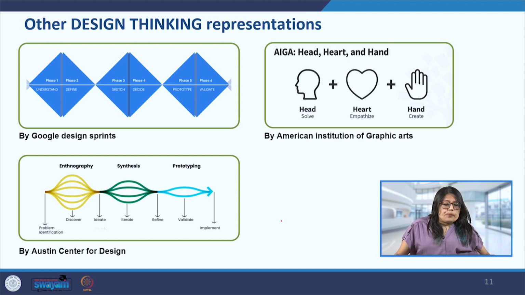The Austin Center for Design focuses on integrating design thinking with social entrepreneurship and public sector innovation. And lastly, the head, heart, and hand approach by AIGA emphasizes the holistic integration of intellectual, emotional, and practical aspects of design, and they cater specifically to graphic design and visual communication.